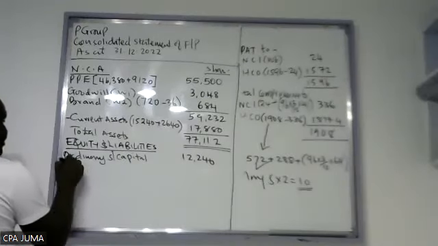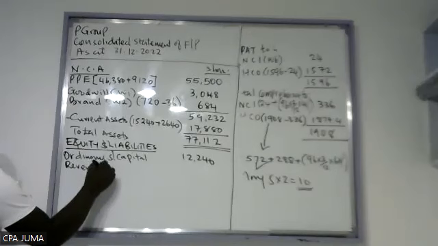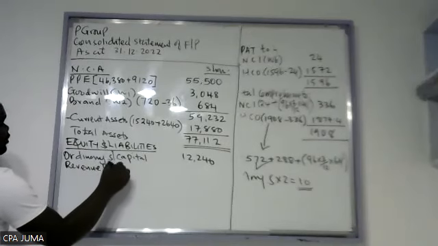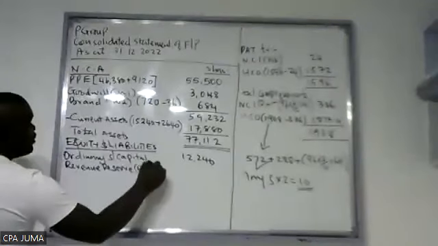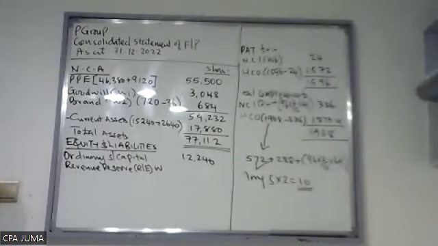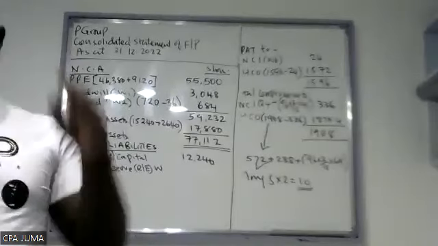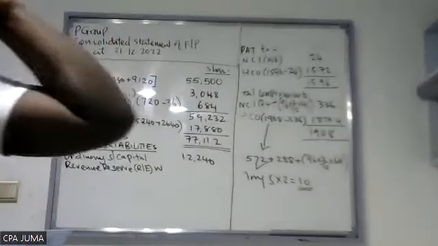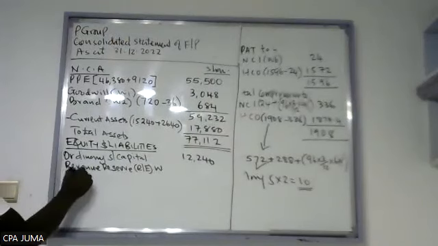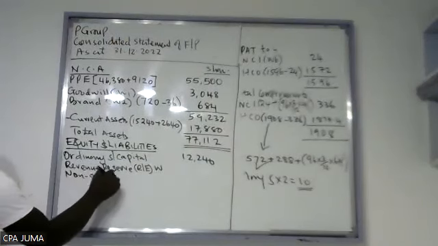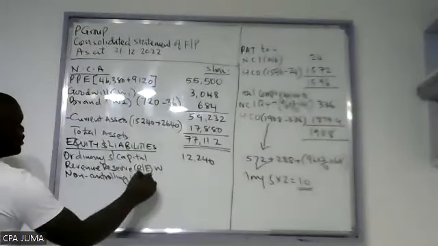Then we had revenue reserve. I'm just complying with the name they are giving it. This is the retained earnings. Our retained earnings was working number... So tell me the working number and the figure. In fact, give me these two to avoid wasting a lot of time, for the controlling interest.